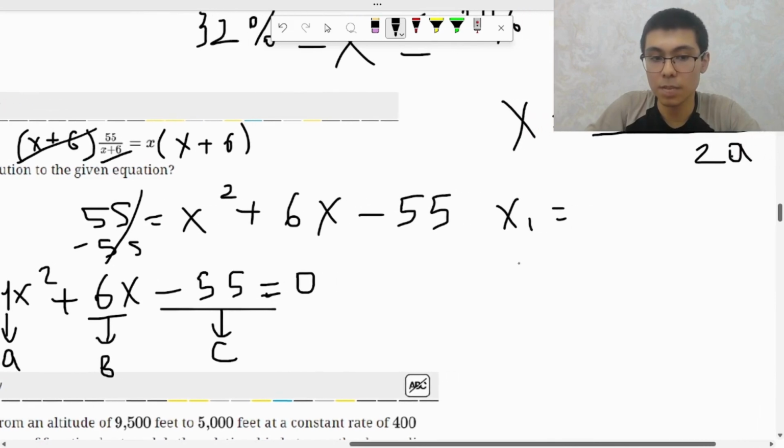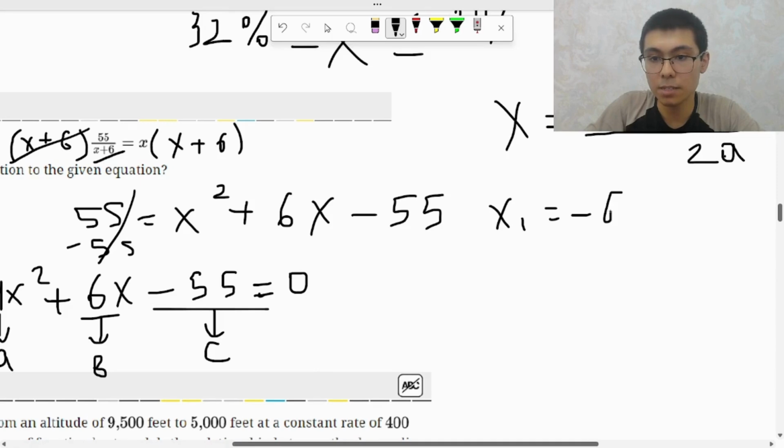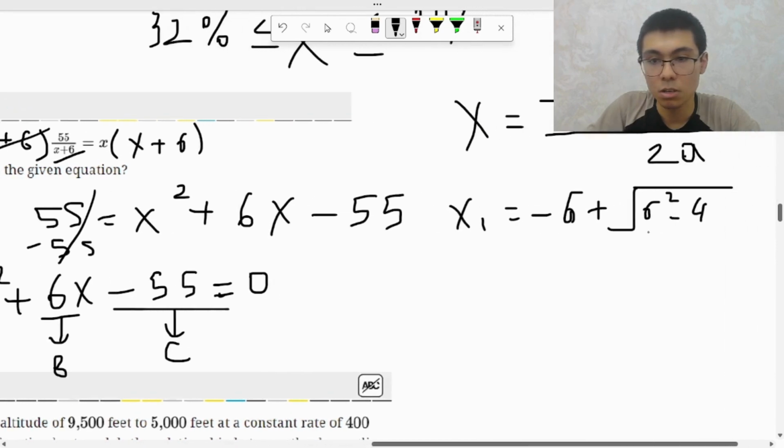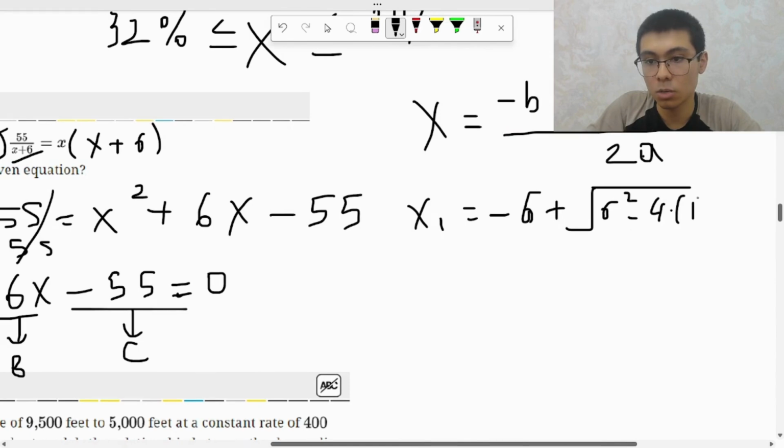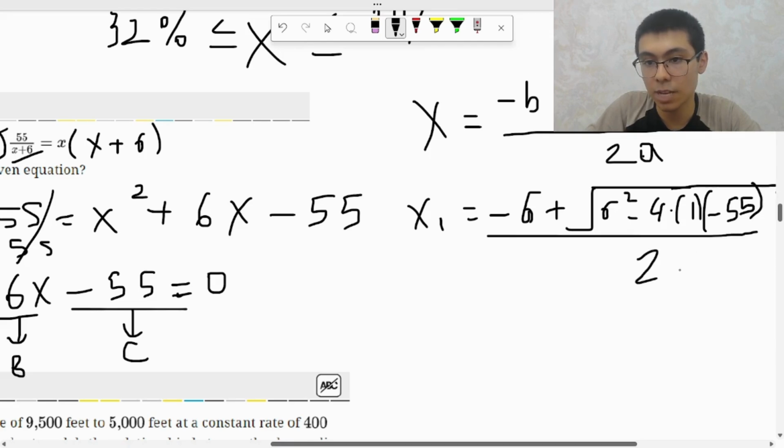So minus b would be minus 6 plus the square root of 6 squared minus 4 multiplied by 1 multiplied by minus 55, and all of this is divided by 2a. And you're going to get the solution, and the second one would be exactly the same, but you're going to have minus here, okay?